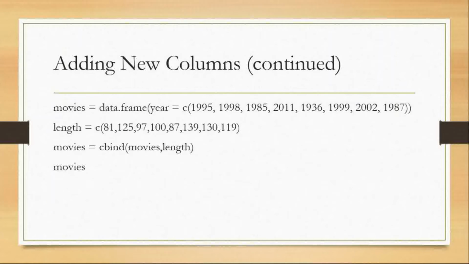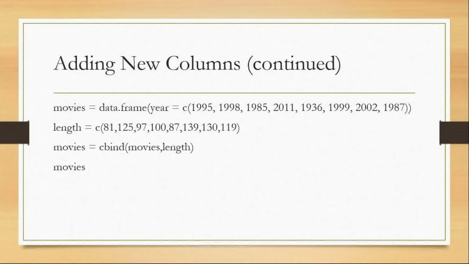We can also add new columns in a different way. Instead of using double quotes, we can use the cbind function. cbind means column bind. It will add a column to the data frame movies.